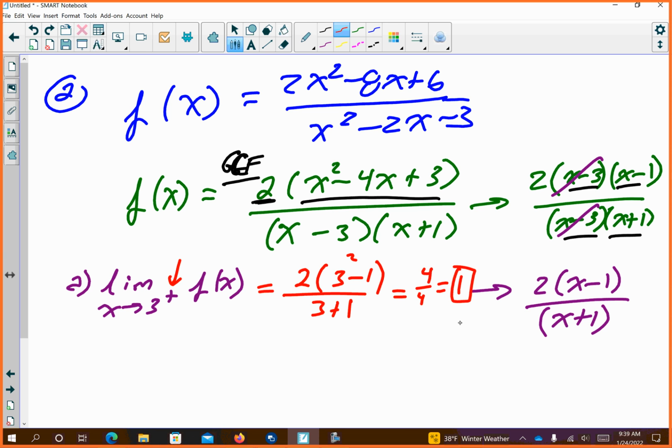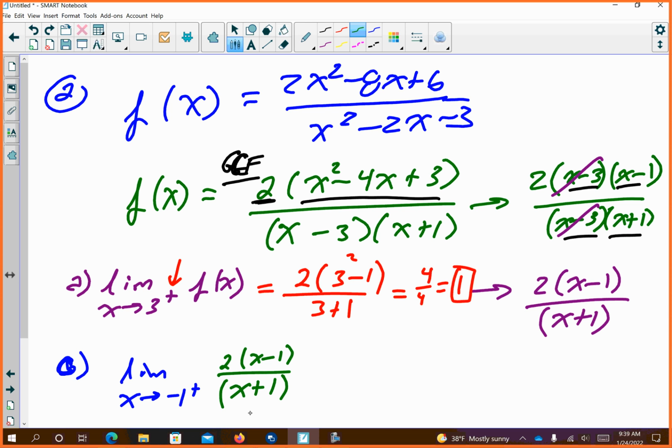And then if I did the next letter, it says the limit as x goes to -1 from the positive, and then from the negative, and then from both sides. So this is where we have to be a little bit more cautious, because right now we're going to get this as our equation.